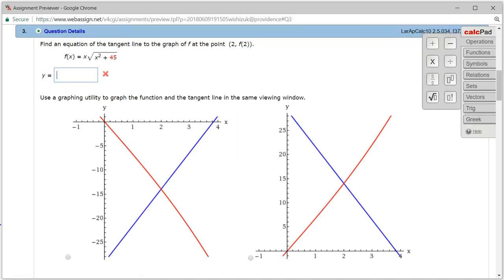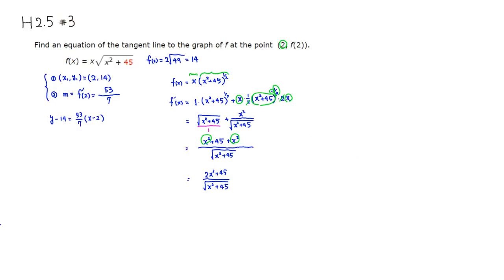What we have is actually, we have to write it as y equals. I have to do a little bit of work here. I'm going to add 14 so that the y is by itself. So y is equal to 53 over 7. Should I distribute?